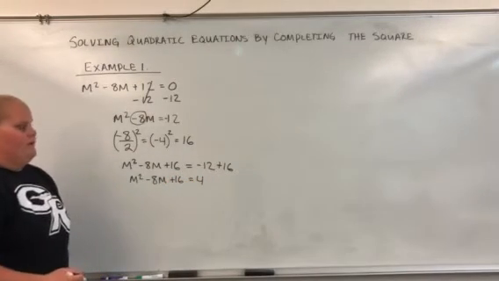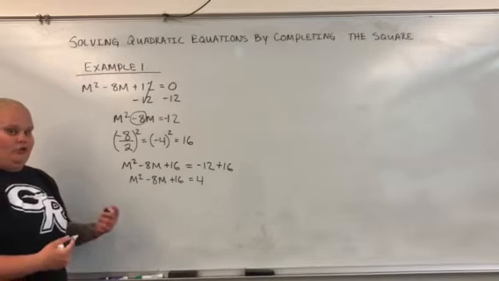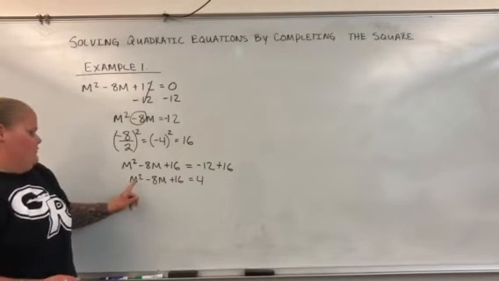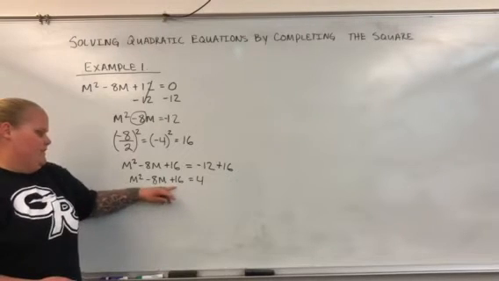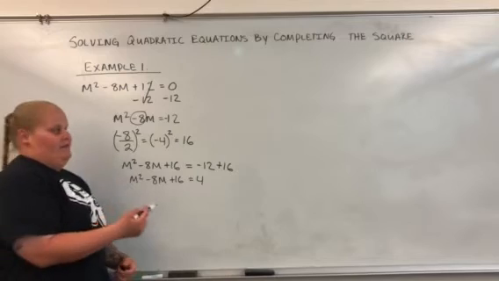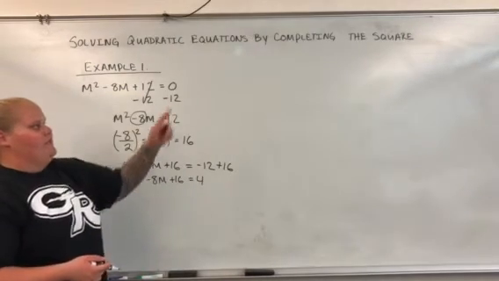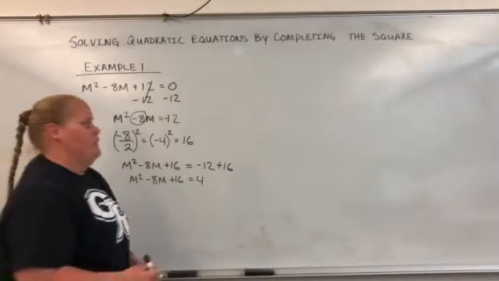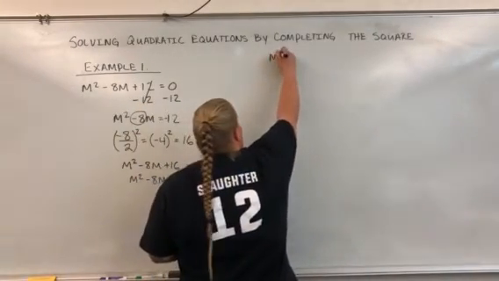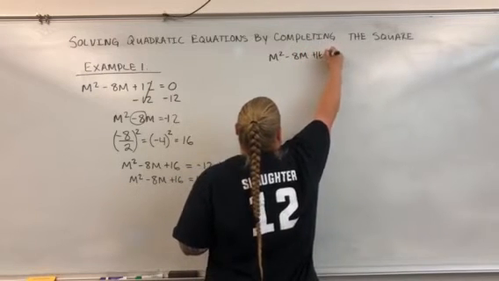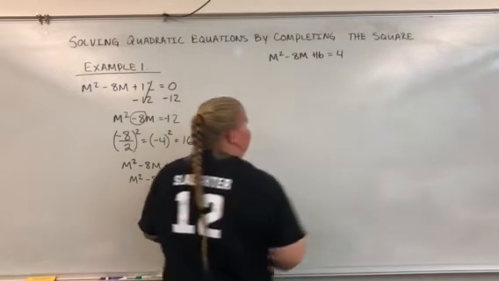Okay, so here, like I said earlier, we have a perfect square trinomial. m squared minus 8m plus 16. This side is a perfect square trinomial, and we can factor it using the method that I showed you earlier. I'm going to go ahead and write it on this side of the screen now to give me some more room. So I have m squared minus 8m plus 16 equals 4.